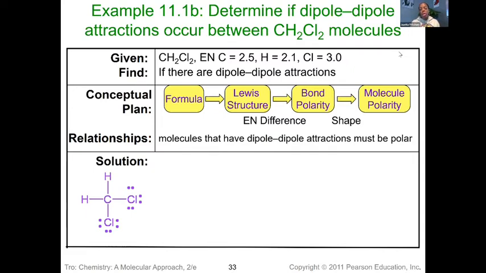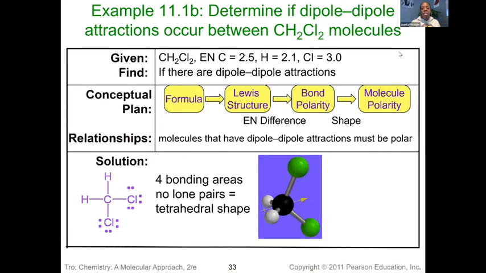There are no lone pairs, so that also tells me that the molecular geometry is also tetrahedral. And because all the atoms on that central atom are not the same, I know there's unsymmetrical pull. And so I would expect that this should be a polar molecule. And so if this is a polar molecule, then I would expect that, yes, indeed, there should be dipole-dipole forces here, in addition to dispersion forces. Remember, all molecules have those.